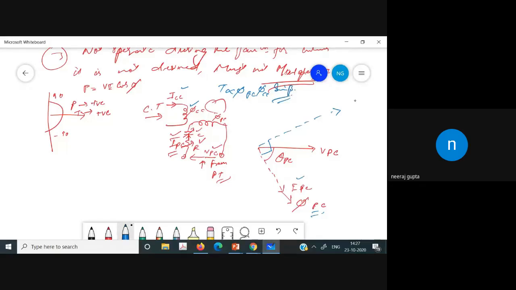So these are 90 degrees, ICC for the maximum torque condition and phi CC for the maximum torque condition. The angle between VPC and the maximum torque position of ICC is known as tau, and this tau is the maximum torque angle, known as MTA.